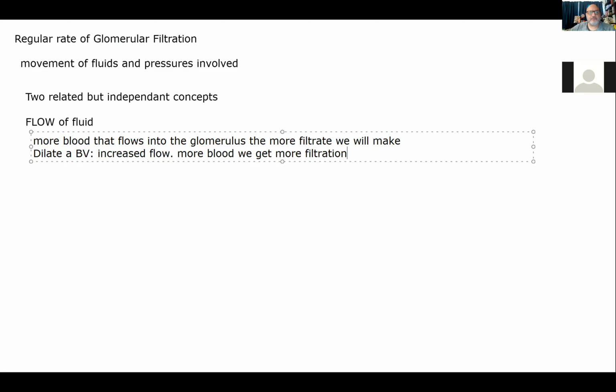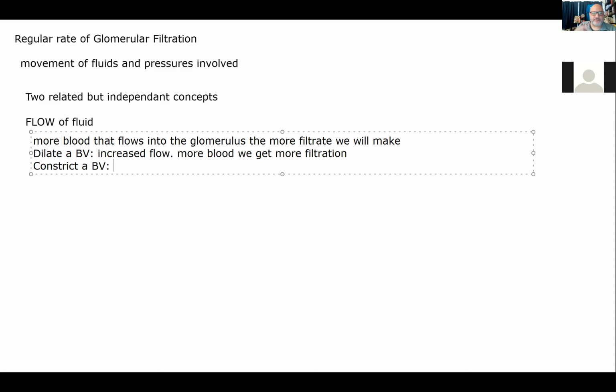That makes sense? Conversely, the opposite is true. We constrict a blood vessel, that is going to decrease flow. So less blood. And then as a result of that, we get less filtration. I think that part makes sense.